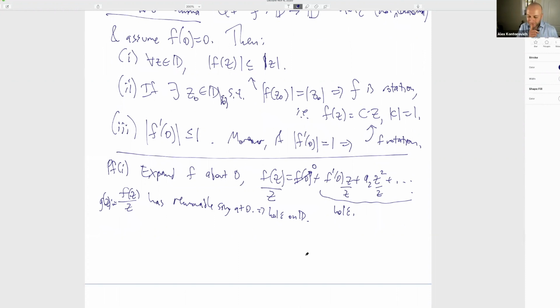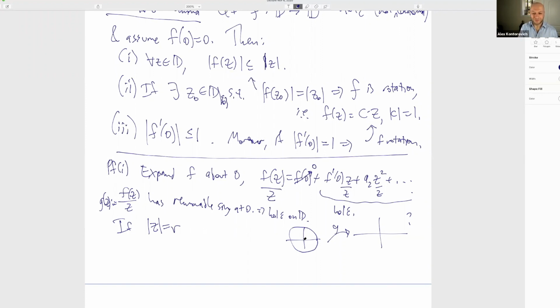So what I claim is that, let's look where z has absolute value exactly r. Let's look at g now. I want to know what g does. g takes the disk, I don't know where it takes the disk, because I've divided by z.